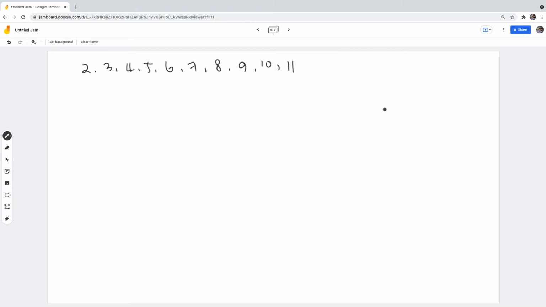So a certain number is divisible by any of these numbers. What do we say? That has to be a multiple of 2, multiple of 3, multiple of 4, multiple of 5, multiple of 6, multiple of 11. That number has to be, right? So we are looking for the least common multiple of all of these numbers. That's what we are looking for, right?